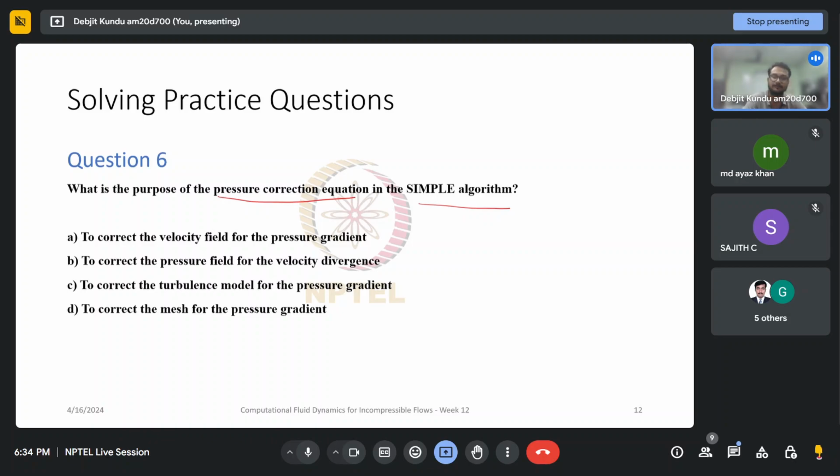Read the question carefully as well as the options, and then you can put in your response in the chat box, or you can unmute and answer as well. If any part of the question is unclear, then please do not hesitate to ask as well.